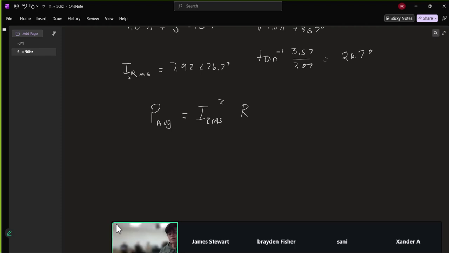And it is RMS. If it was not RMS, then you'd have P average equals 1/2 magnitude of I squared R.